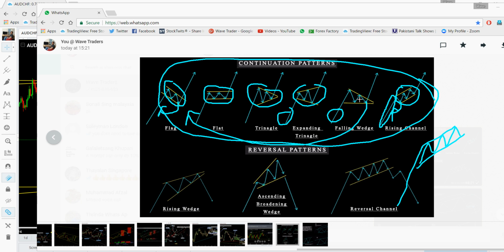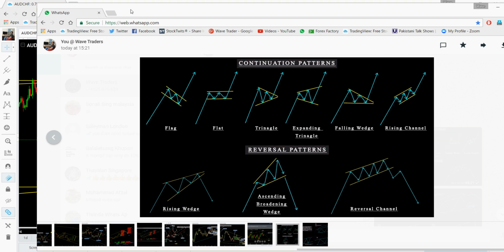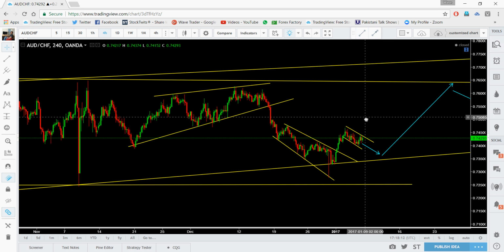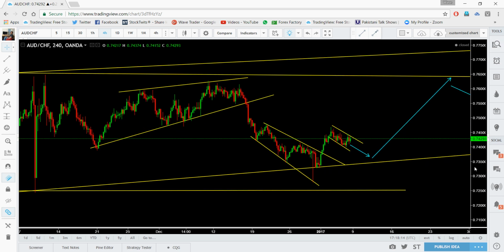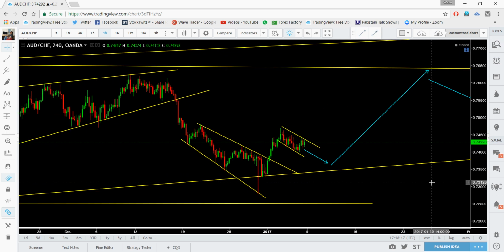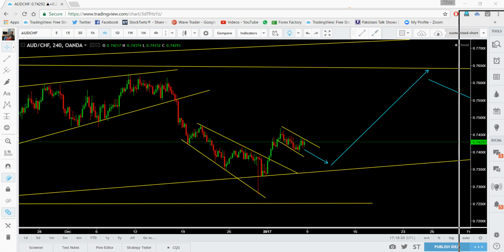So these are the patterns which can form once you see an impulse forming. Price is forming a flag channel here, a descending flag.